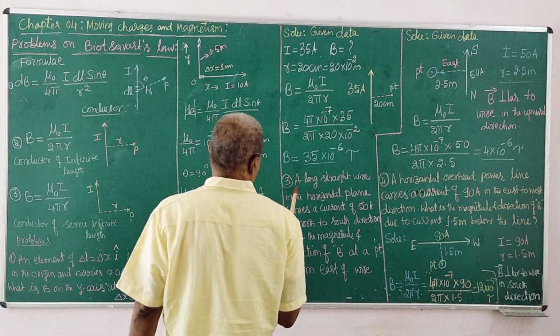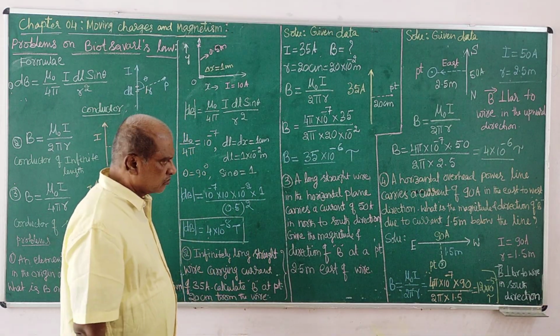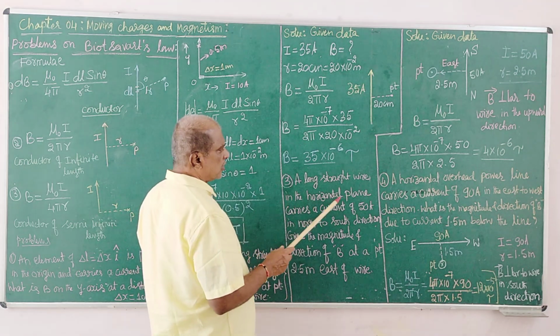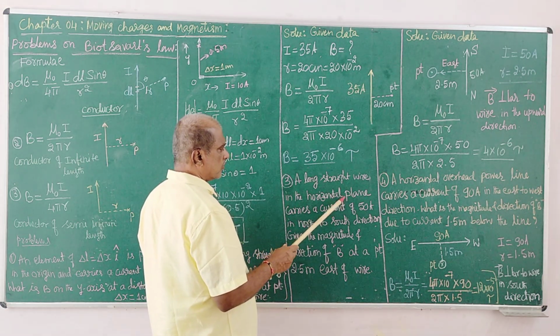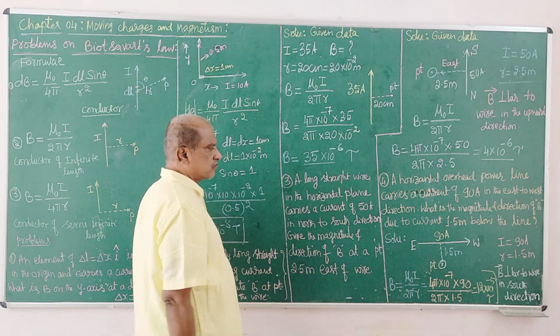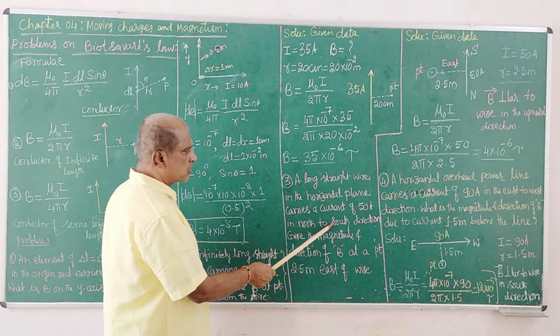Similarly, we go for solving the third problem. I will read the problem. A long straight wire in the horizontal plane carries a current of 50 ampere in north to south direction.